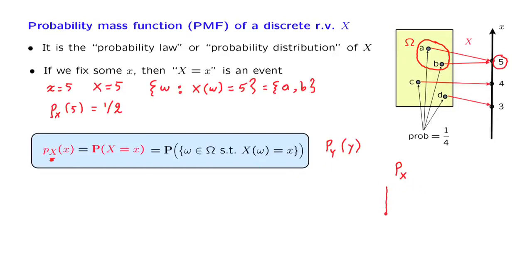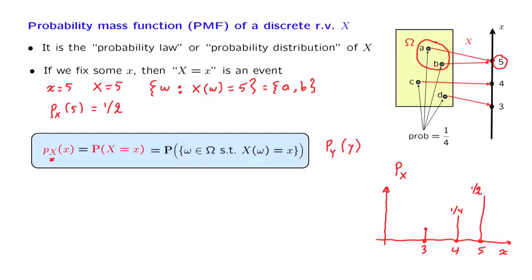And we can produce plots of this function. In this particular example that we're dealing with, the interesting values of x are 3, 4, and 5. And the associated probabilities are: the value of 5 is obtained with probability 1/2. The value of 4, this is the event that the outcome was C, which has probability 1/4.